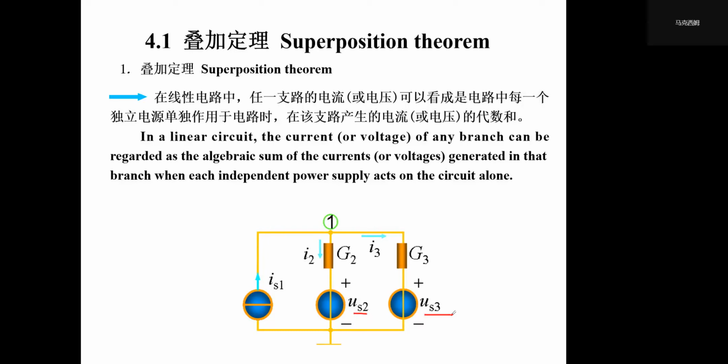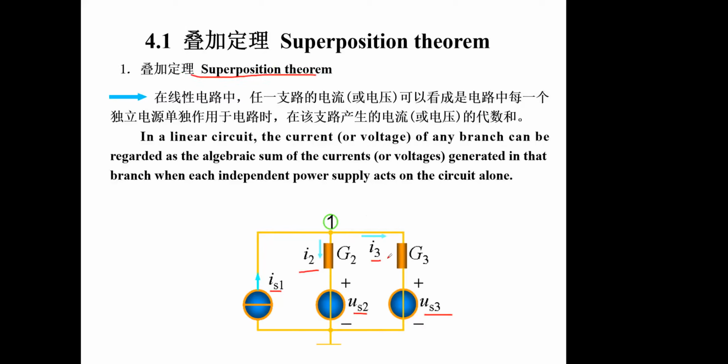We divide this circuit so that each circuit only contains one independent source, and we calculate the currents on branch 2 and branch 3 in all these cases, and combine all the results together.